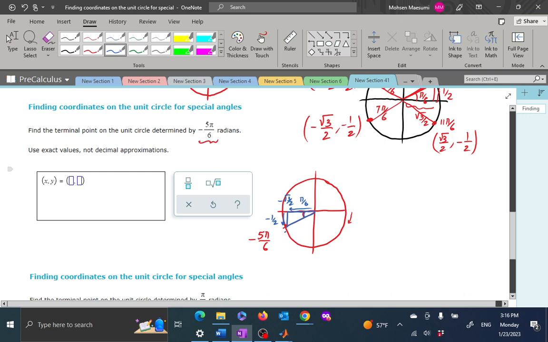The first one is my x and the second one is my y. So the answer is negative radical 3 over 2 and negative 1/2. Again, looking this up is not the point here. You have to reason your way one way or another to what the answer is supposed to be.